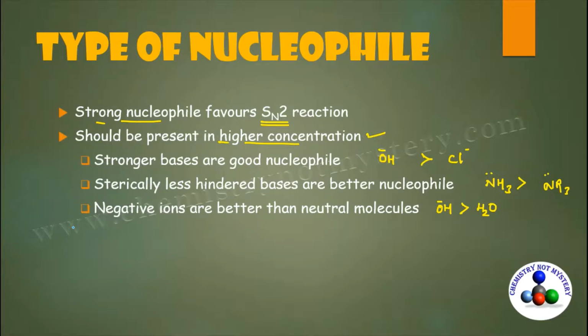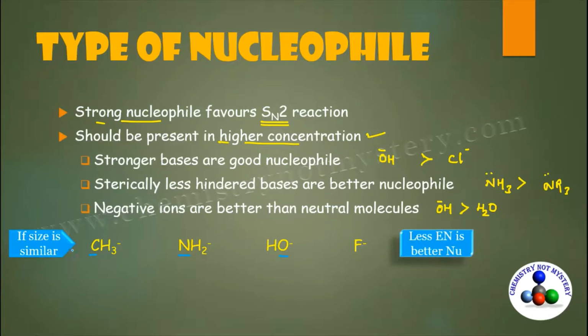Let's try to apply these rules to compare the nucleophilicity of different ions. So here when you see, carbon is the donor atom in CH3-, in NH2- nitrogen is the donor atom, and in OH- oxygen is the donor atom. So when you compare, all these elements belong to the second period of the periodic table.